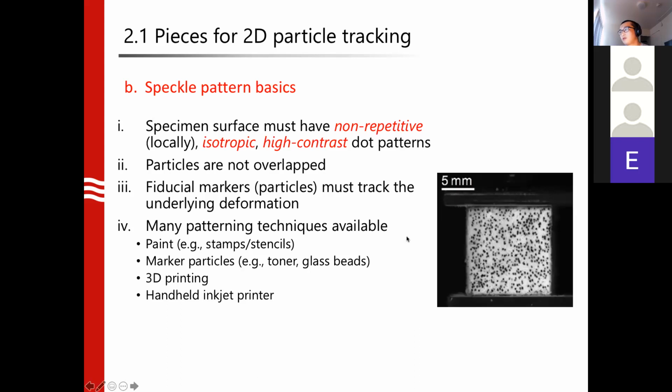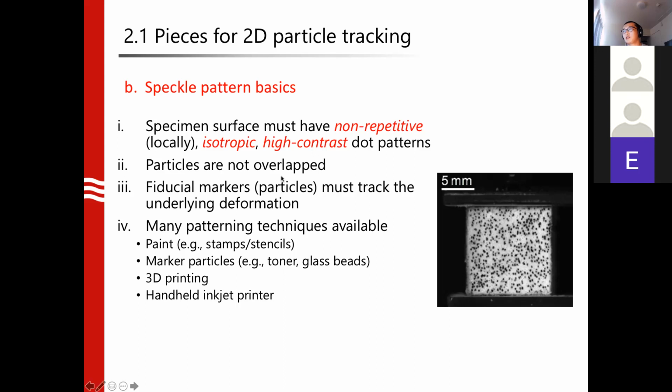Particles should have high contrast so they can be detected. The particles need to have a non-repetitive distribution, so it is easier to define the particle point feature to distinguish an individual particle from other particles. And in the ideal case, they should not overlap.